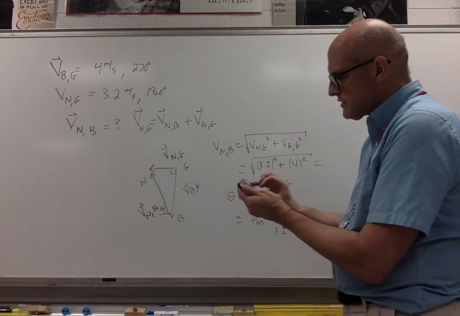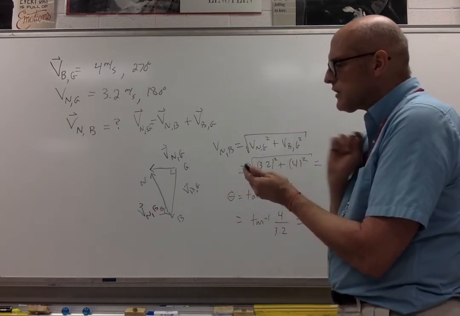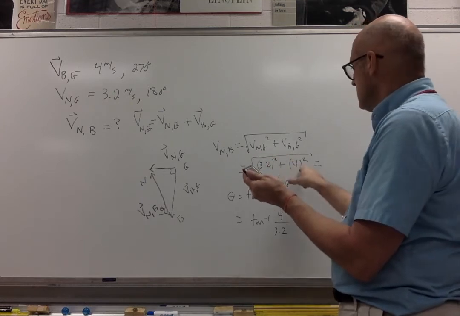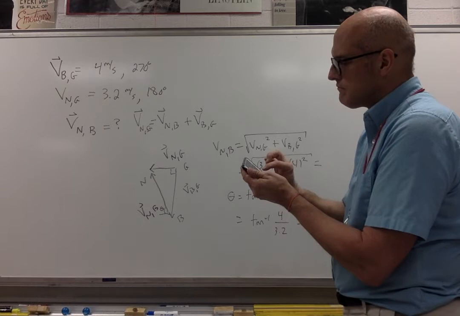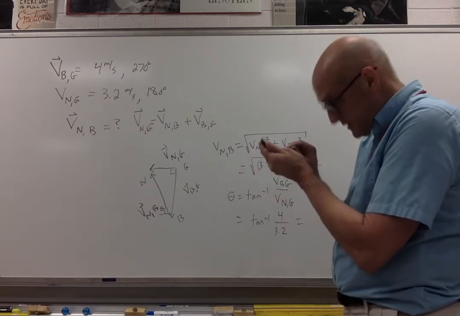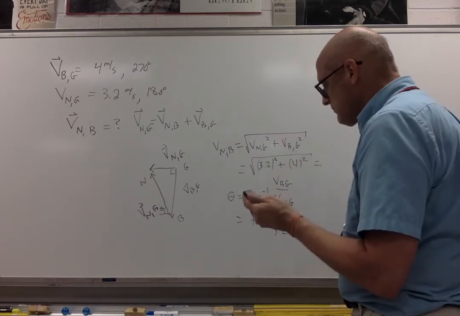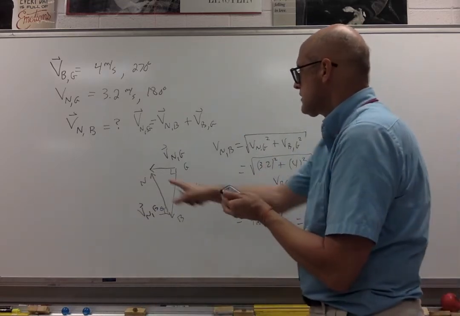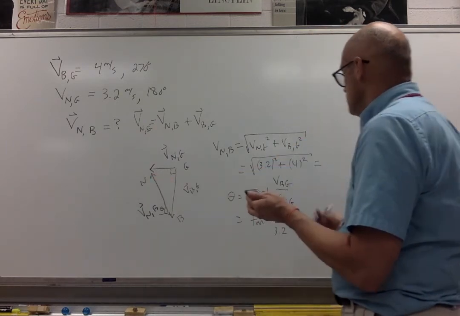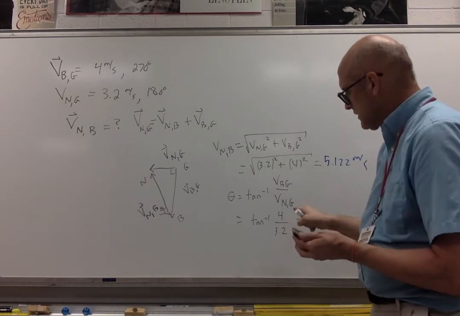All right, so let's see, 3.2 squared plus 4 squared, 16, equals, and I take the square root of that, and I get 5.122. So this here is 5.122 meters per second.